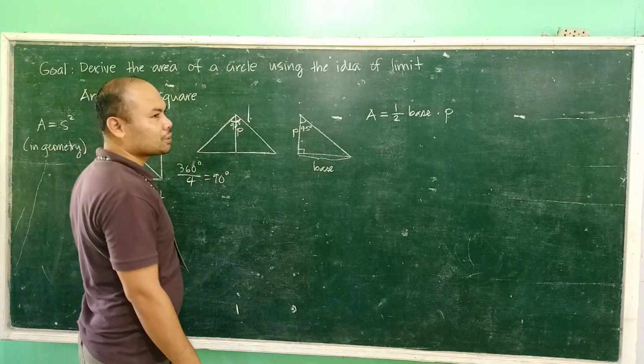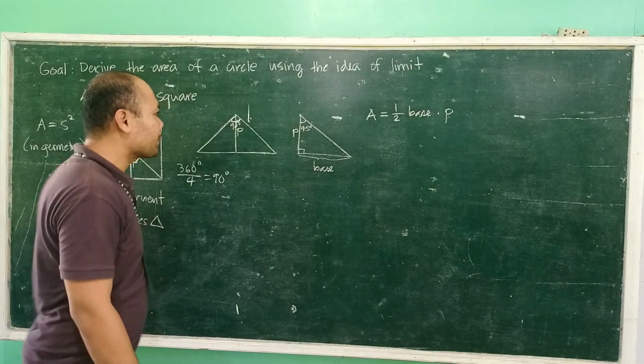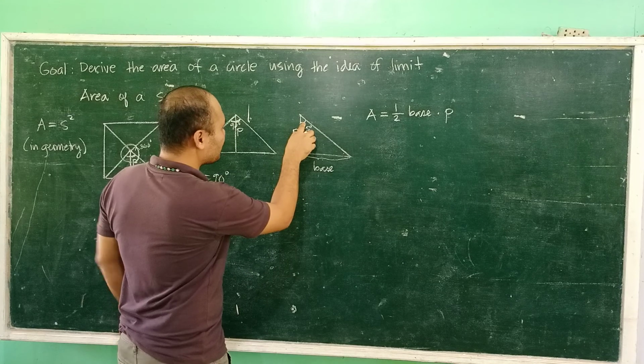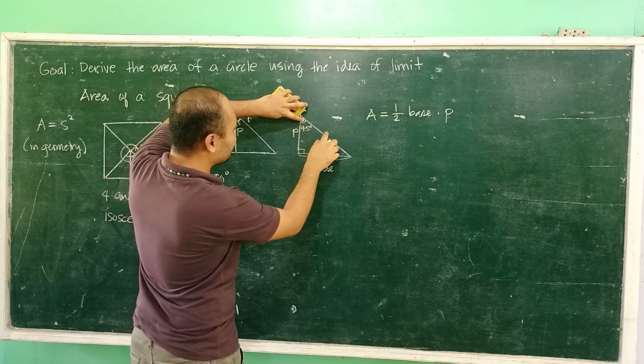We will use trigonometry. In trigo, if this is your angle, this is the hypotenuse.